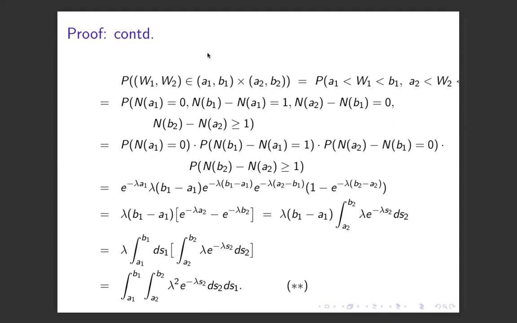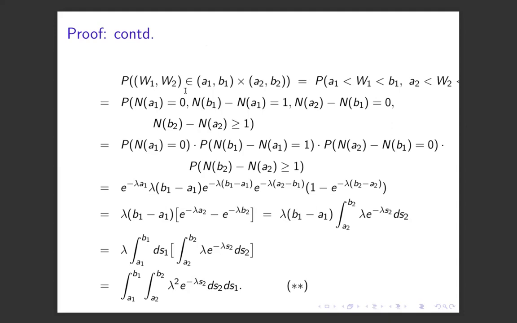This means W1 is in (A1, B1), which means the first arrival has been in this interval. So up to time A1, there has been no arrival, so N(A1) equals 0.